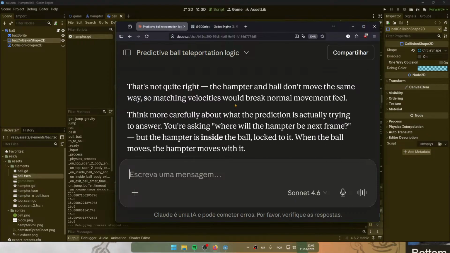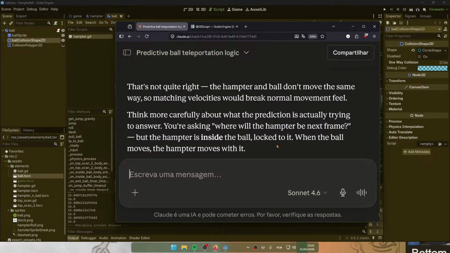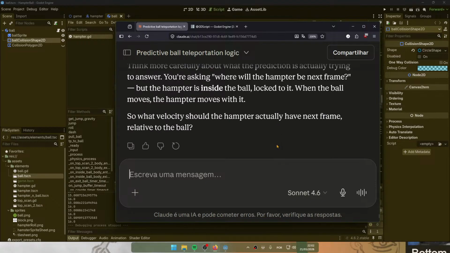The same way. You're asking, where will the hamster be next frame? But the hamster is inside the ball, locked to it. When the ball moves, the hamster moves with it.